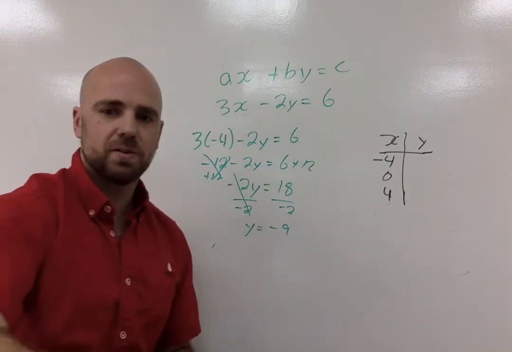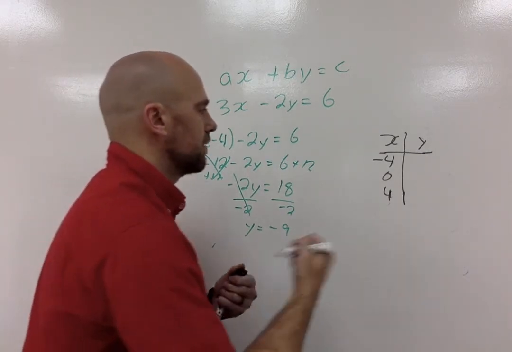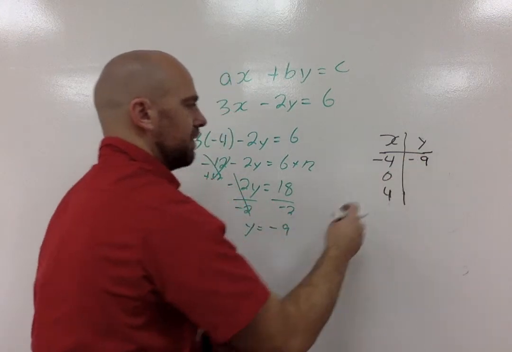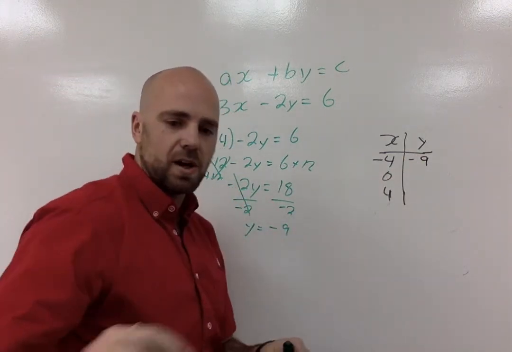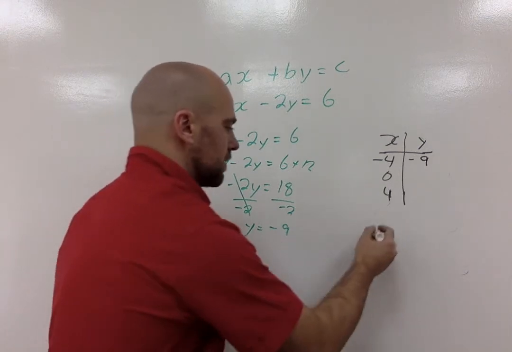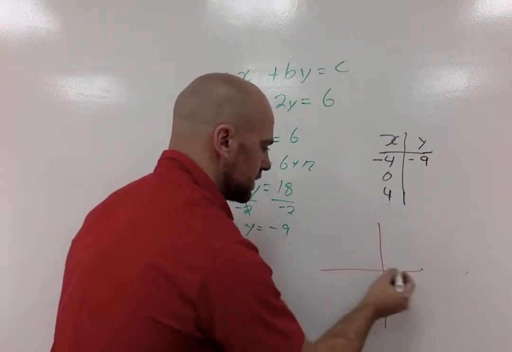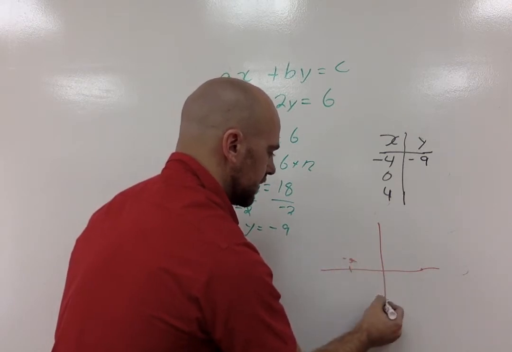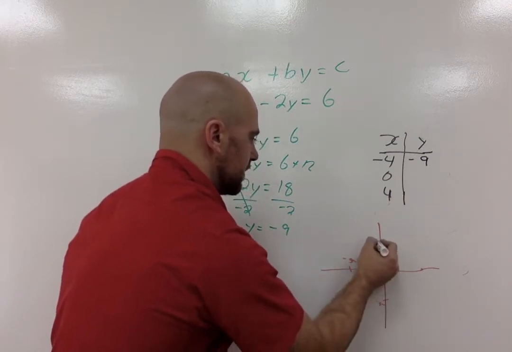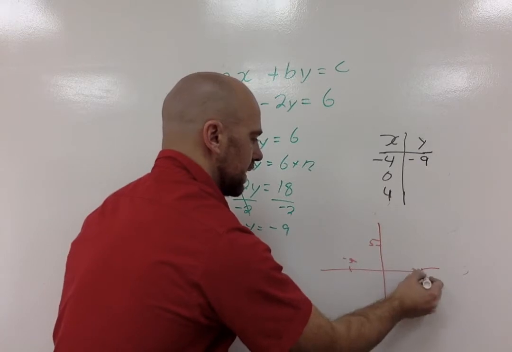So when I go back to my graph over here, I'm going to have a point somewhere on my graph. If I start to draw my graph now, let's say we're going something like this. This will be -5, -5, 5, and 5.